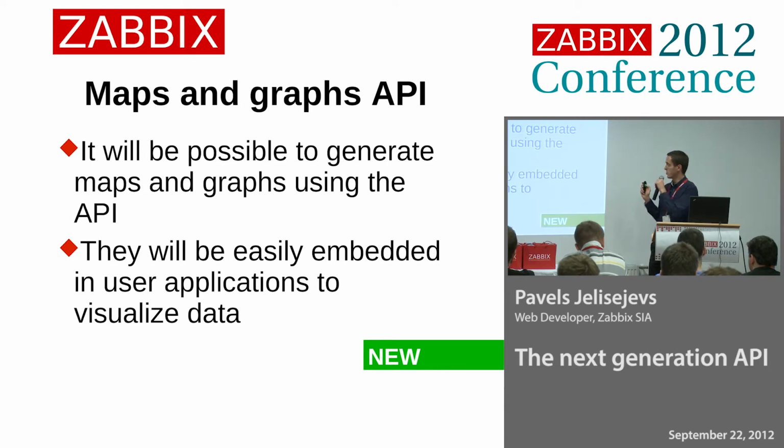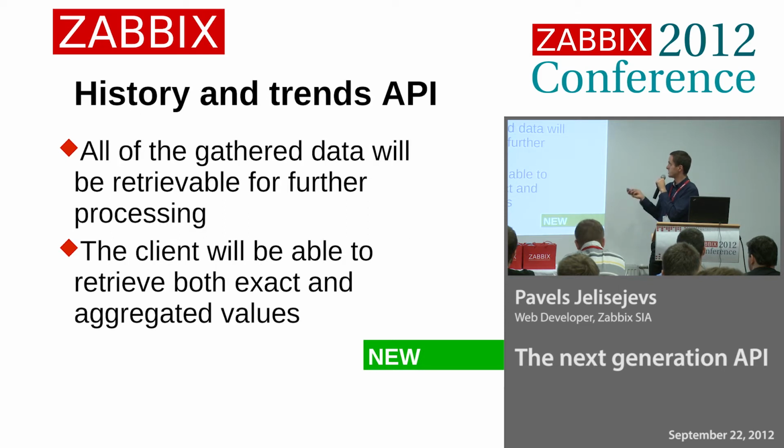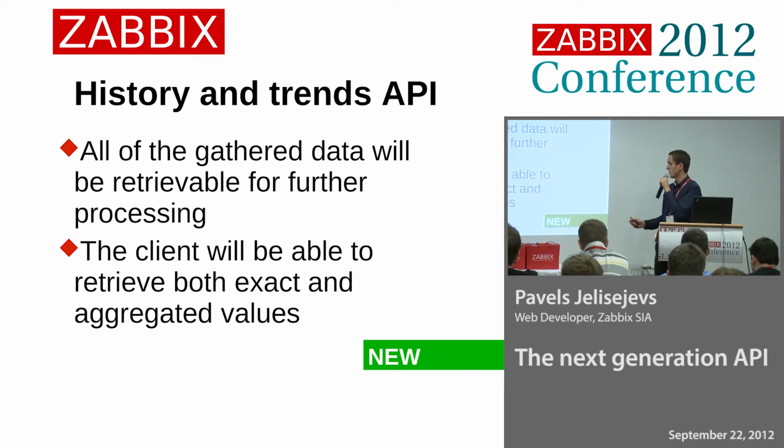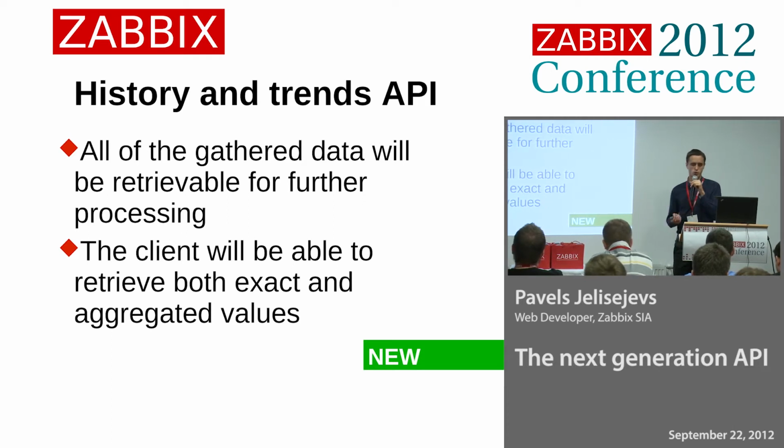And another new API we're planning to implement is the API for history and trends. You'll be able to easily retrieve all of the data you've gathered. You will also be able to control exactly how much data you need.